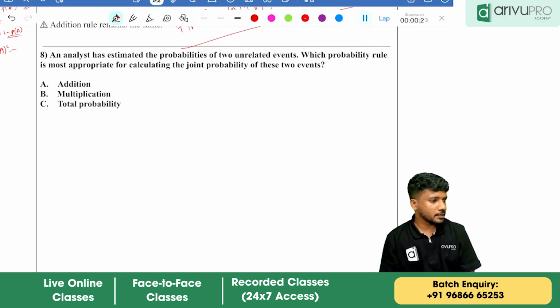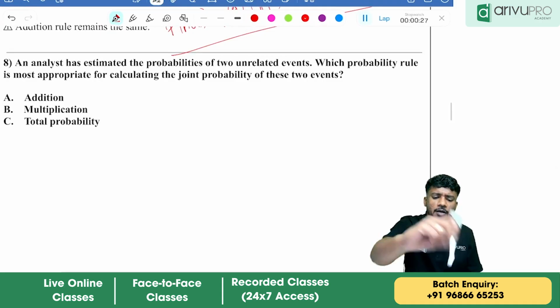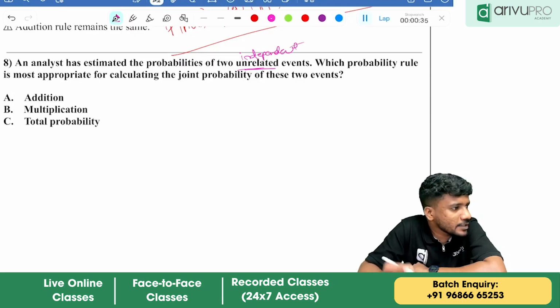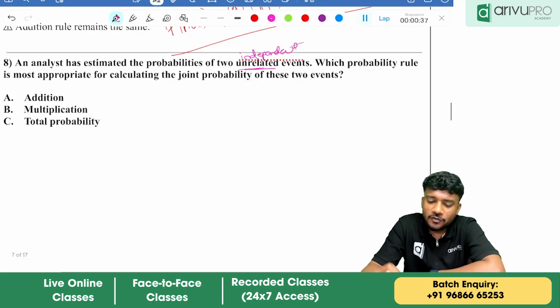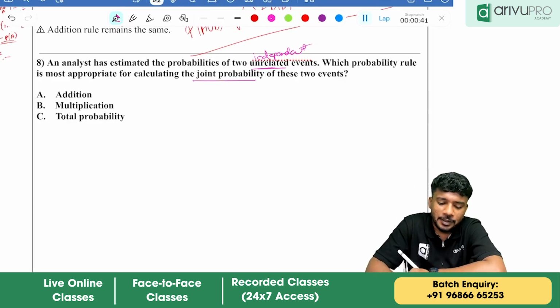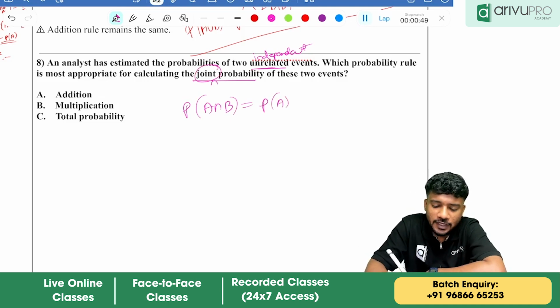An analyst has estimated probabilities of two unrelated events. Unrelated means independent. Which probability rule is most appropriate for calculating joint probability? For independent events, joint probability means intersection. A intersection B will be equal to P of A into P of B.